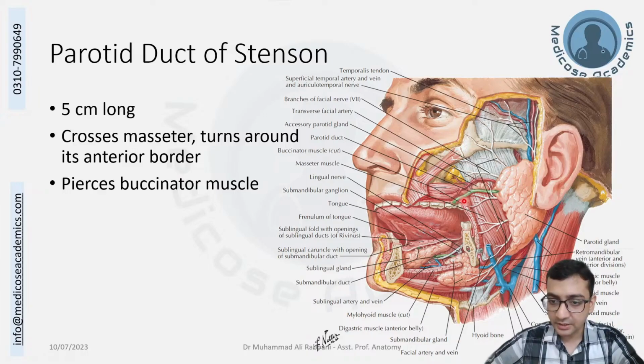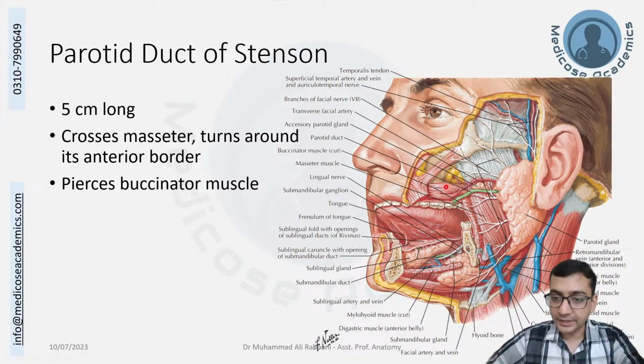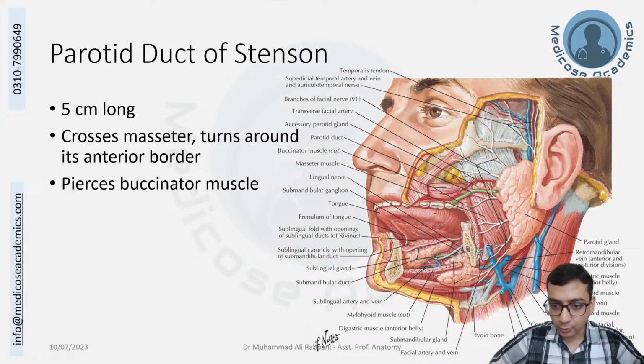Here in the Netter picture, this part is shown, the curve is shown here. It crosses the masseter muscle, pierces the buccinator muscle obliquely, and opens inside, across the second upper molar tooth. This is molar 1, this is molar 2, and here is molar 3.